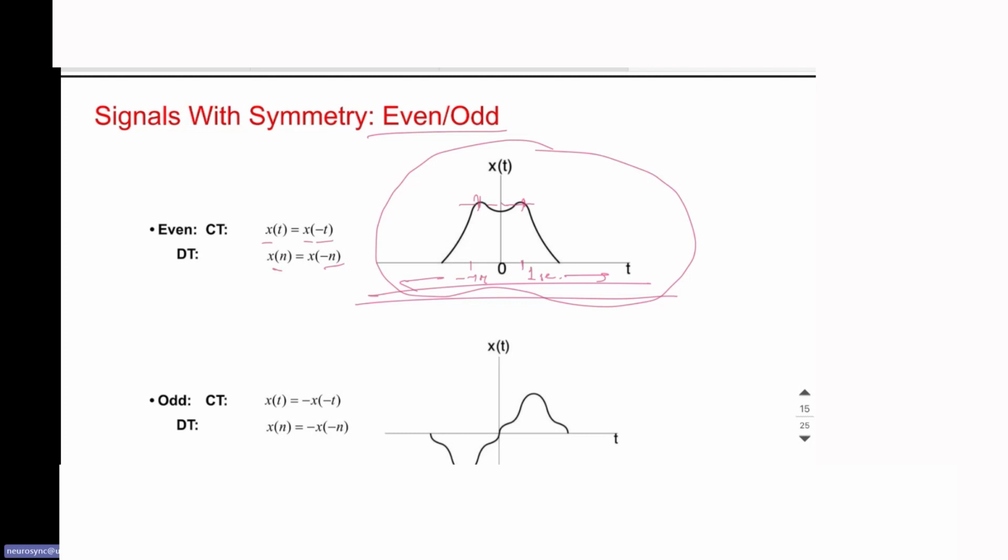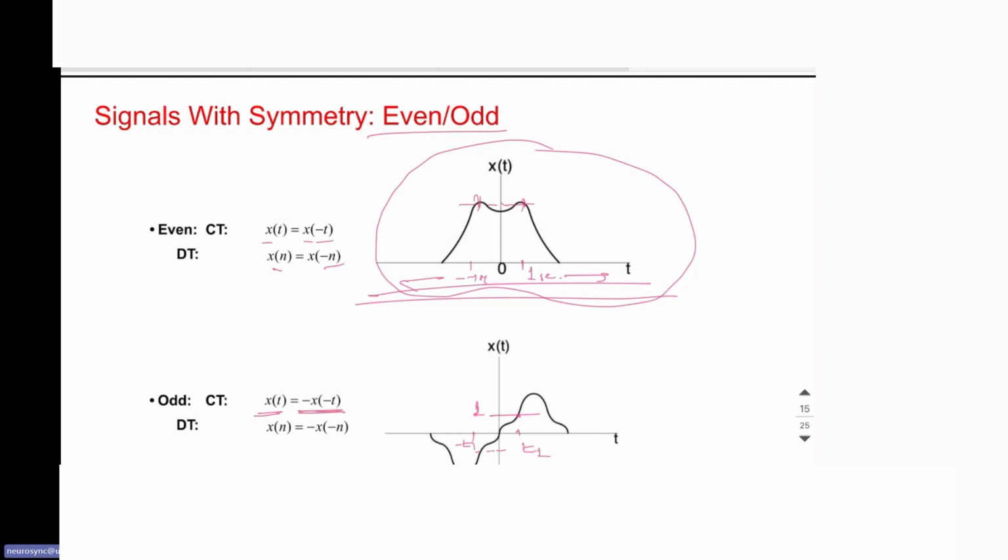Now, what about the odd signal? Suppose at a particular time t1 you get some value, say 1. And at minus t1 you get the same value magnitude on the negative axis, with the sign reversed, then this signal is an odd signal, when x of t is equal to minus x of minus t.